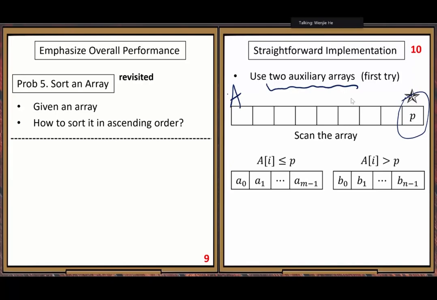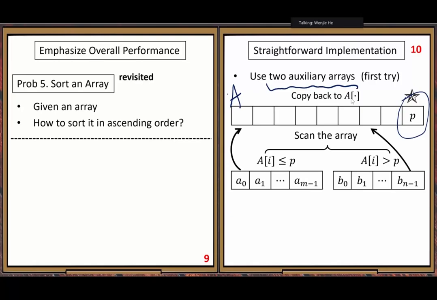After we get these two subarrays, we can copy them back to the original capital A array, because they're auxiliary, temporary arrays.